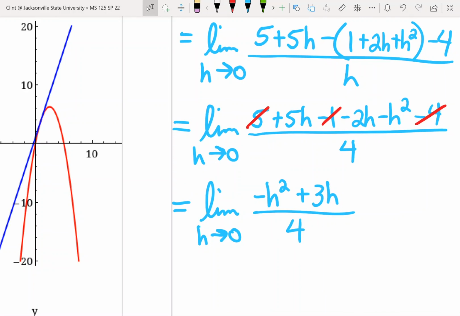Is that looking okay so far? You don't see anything I messed up yet? Oh, not over 4, it's over h. How did that turn into 4?